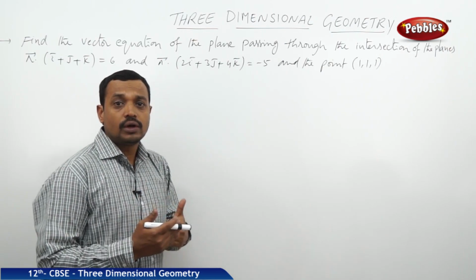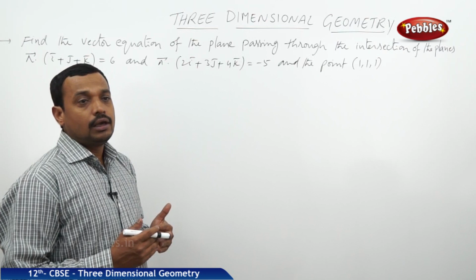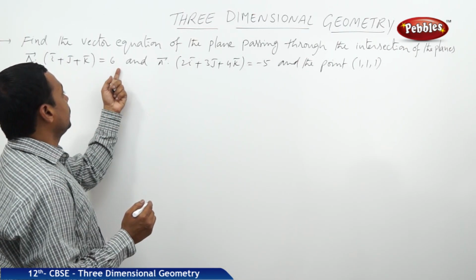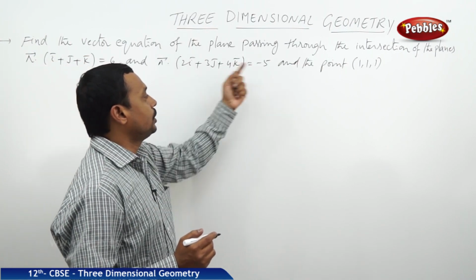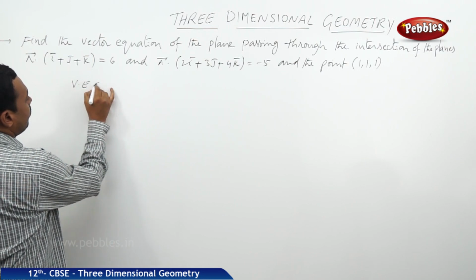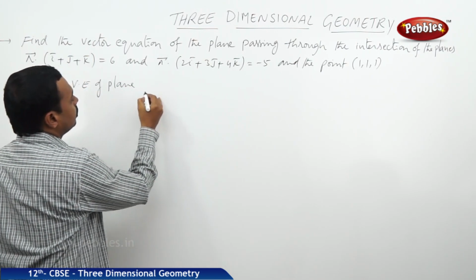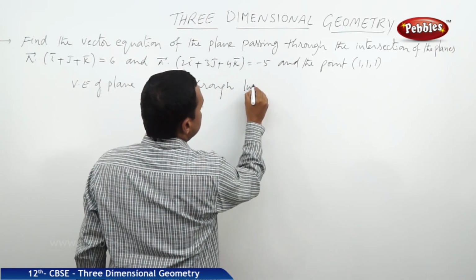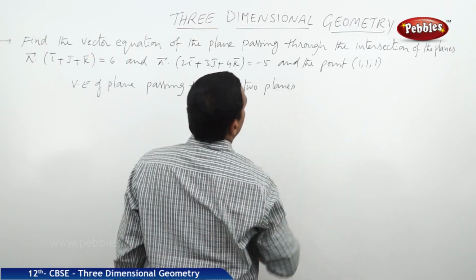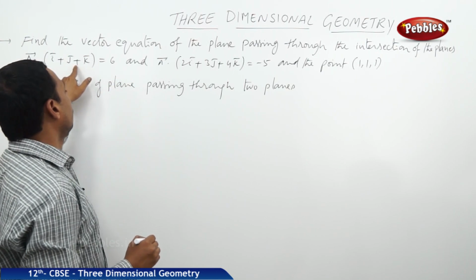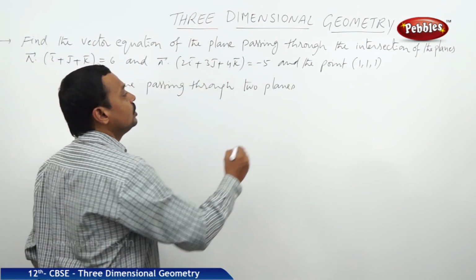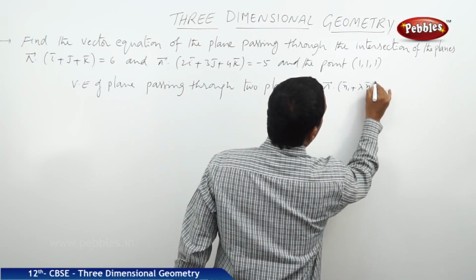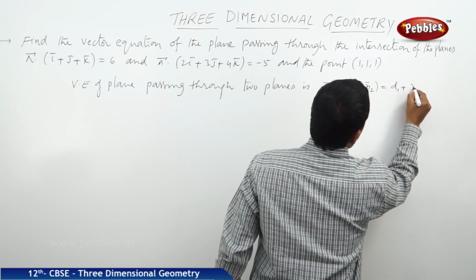Already we know that the vector equation of a plane which passes through the intersection of the two planes r bar dot n1 = d1 and r bar dot n2 = d2 is given by r bar dot (n1 + lambda n2) = d1 + lambda d2.